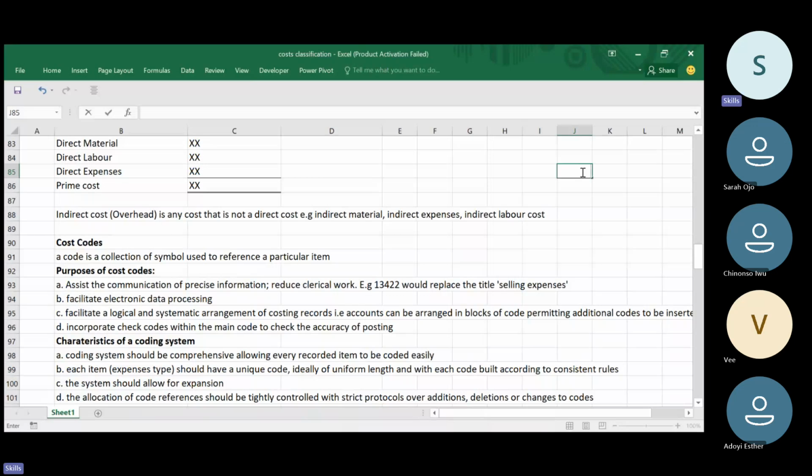Each item, for example, expenses type, should have a unique code. Just like the ones I gave you for example, one for expenses, one for revenue. So there should be a unique code for each, for easy identification.